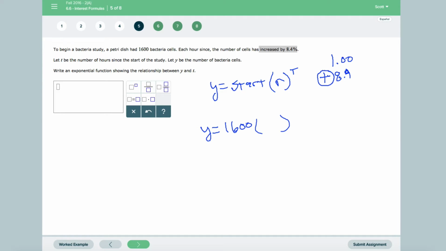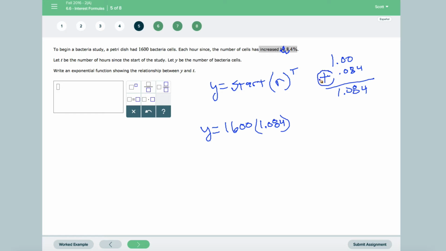Let's turn that into a decimal to make that a little easier to follow. 8.4%, if I move that decimal 2 times, that's 0.084. Therefore, we line it up just like that, and we get 1.084. So anytime it's growth, you just add it.